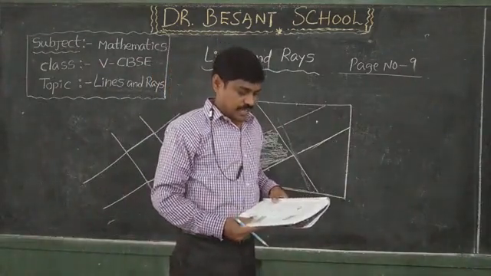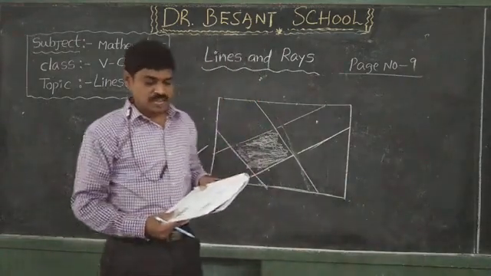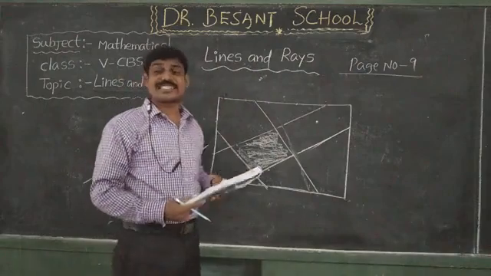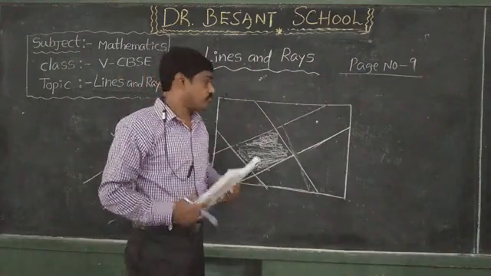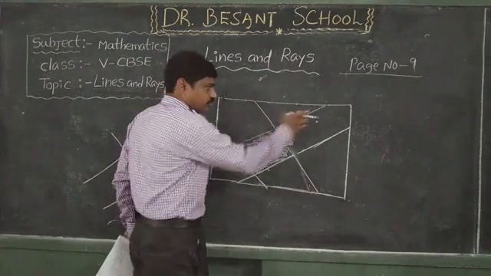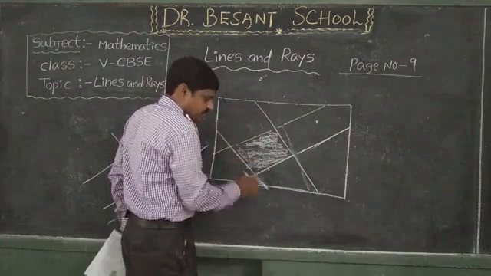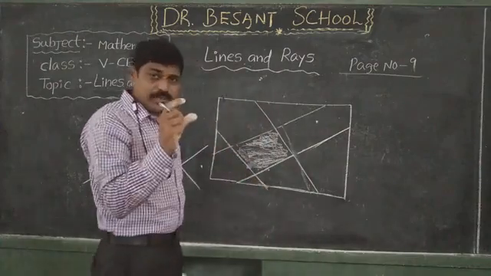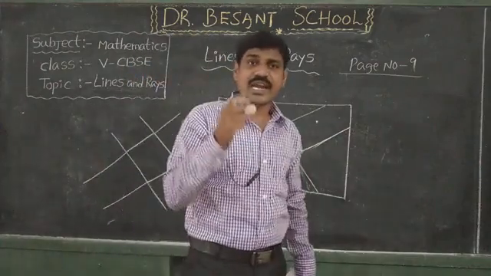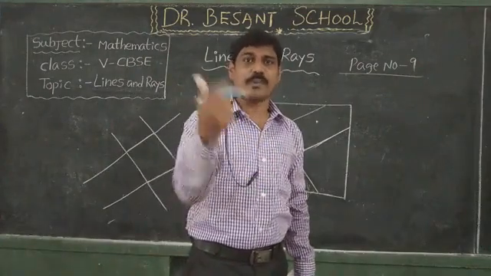Observe here, a segment means a part or a piece of a larger object. Which larger object? A line. Suppose this is a part of this total. So from this we can understand that a line segment is a part of something.